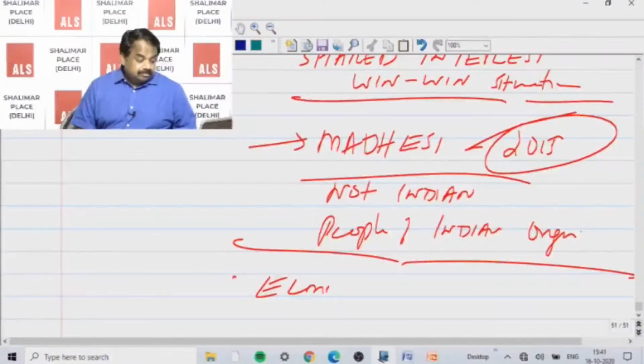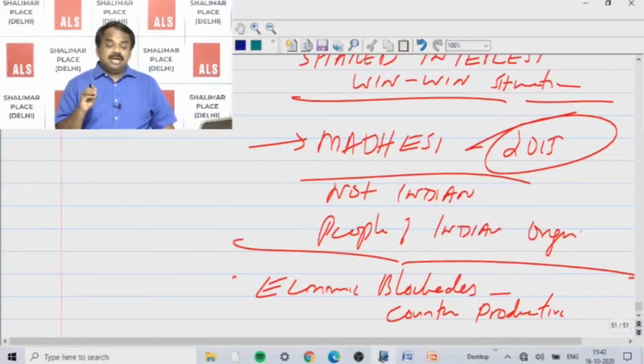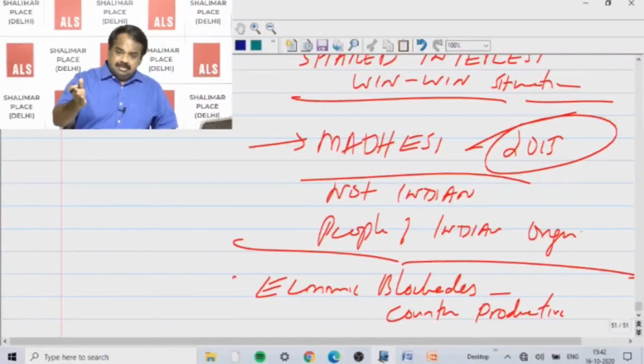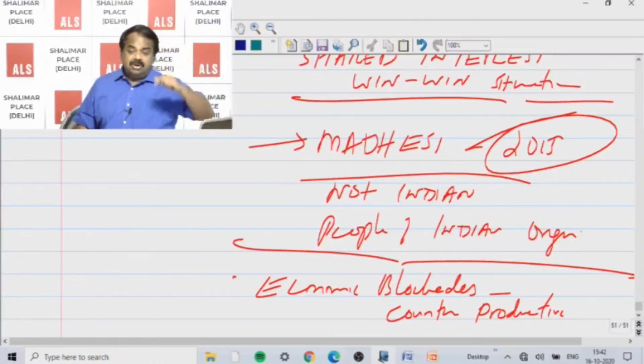Then, another point is that economic blockades are counterproductive. Please understand, ultimately, any economic blockade will result in the suffering of the common man. Elites will never suffer. If you are a rich man, no matter what the economic blockade, you will import oil from China or Uganda for that matter. You will airlift.